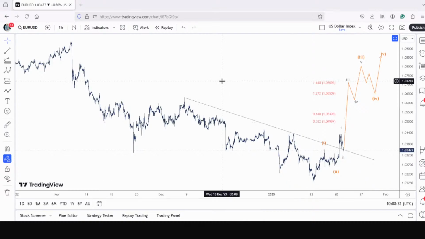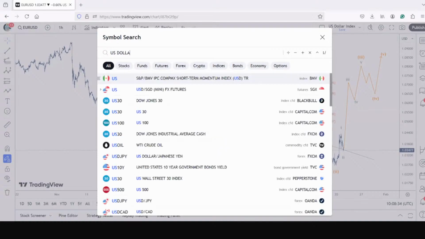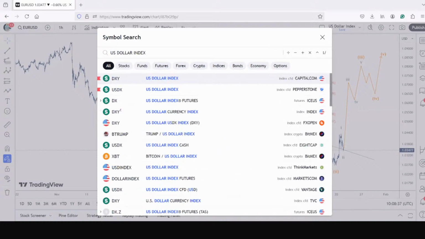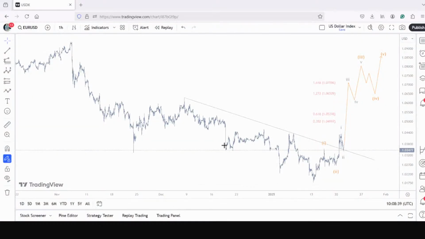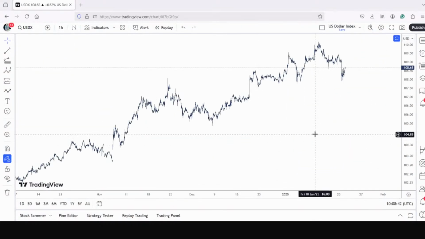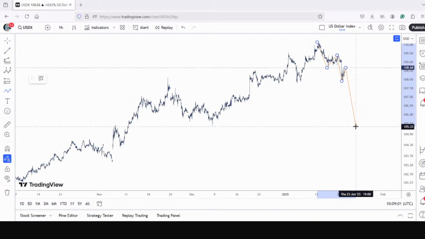All right. Okay, back to the dollar index now. Again the same story, and so I'm just doing the path here. That is wave one, wave two, and then you have one of three, two of three, three of three, four of three, and five of three, which is wave three, and then we have wave four, and then we have wave five.